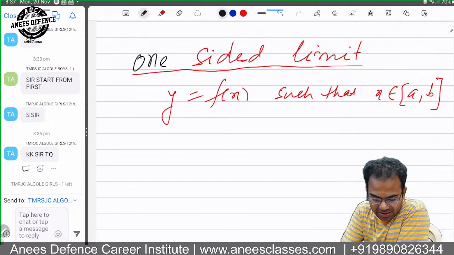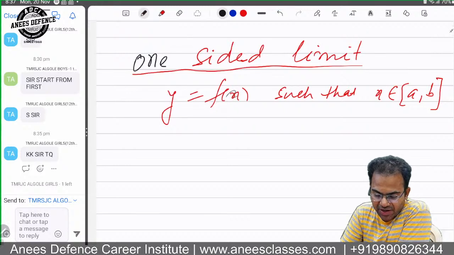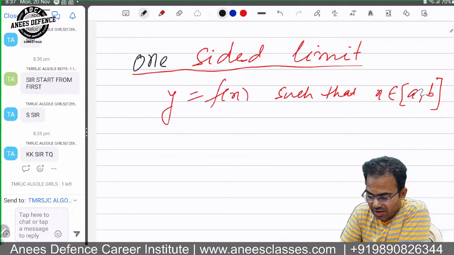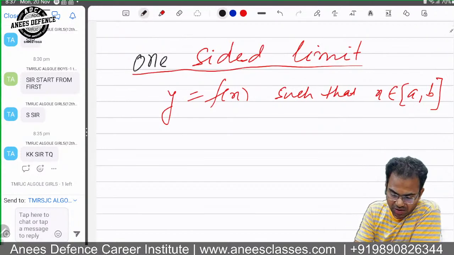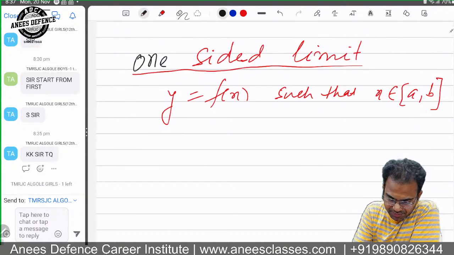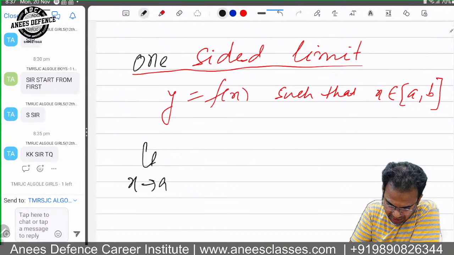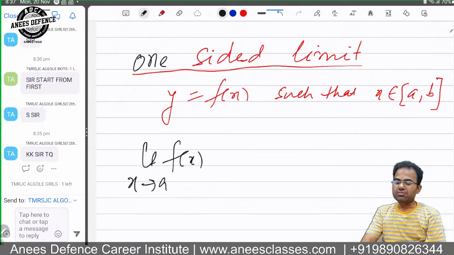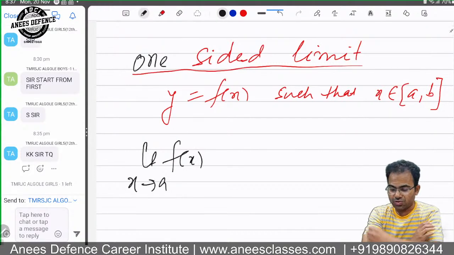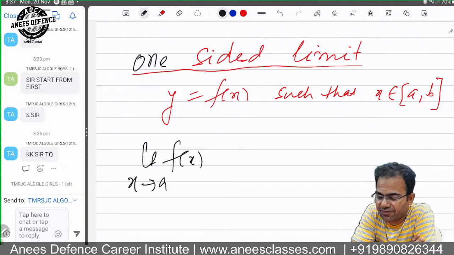In one-sided limits, I have a function y equal f of x such that x belongs to [a, b]. a is closed, b is closed. Here I have to find limit x tends to a f of x. So I cannot find both side limits for a.